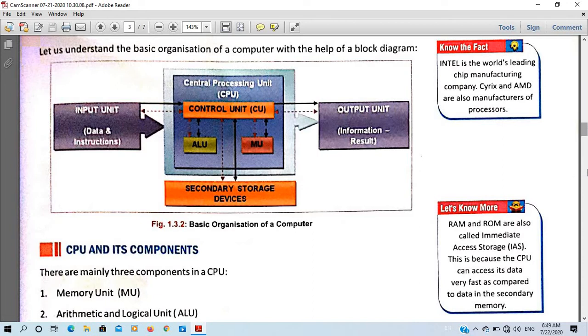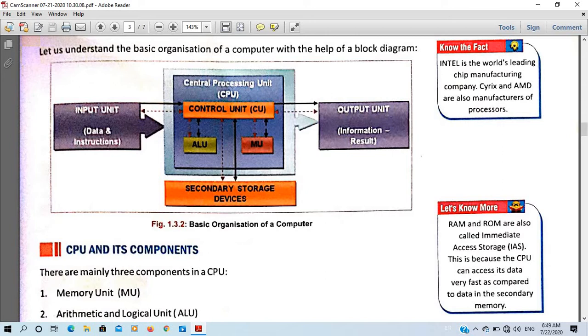So now you understand this figure. This figure describes input, process, output, meaning whatever you had just seen above is explained in this figure, and this figure is very important. If you are asked to draw the figure of the basic organization of computer, you should draw this figure. Okay, here you can see there is the input unit, meaning data and instructions are given from here.